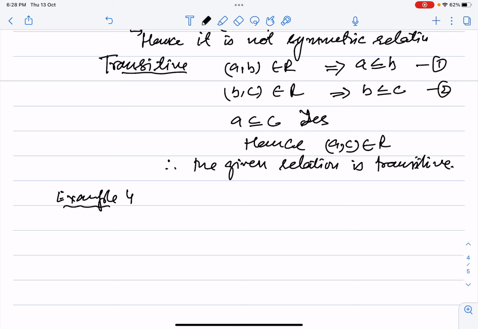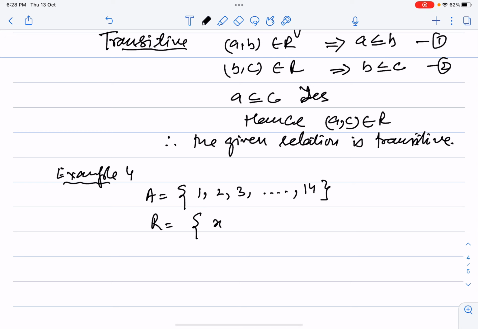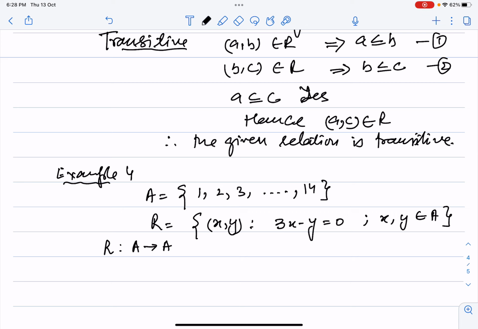Example number 4 says, suppose there is a set A given by 1, 2, 3, up to 14, and there is a relation (x, y) such that 3x minus y is equal to 0, where (x, y) belongs to A. Obviously, the relation is on A. When I say relation is on A, we can depict it as A to A, right?